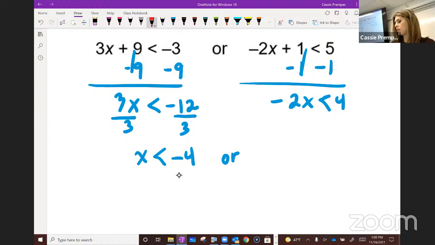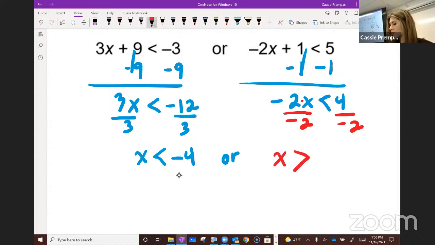What would you do next? Divide by a negative. What do we have to do if we divide by a negative? Flip the inequality symbol. So we have or x has to be greater than -2.